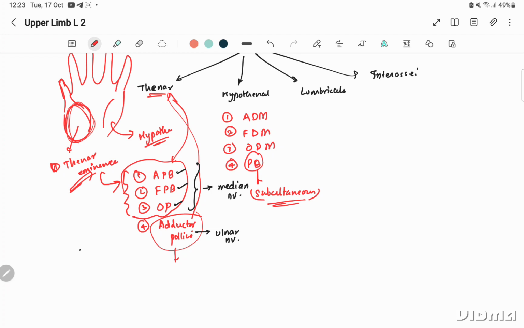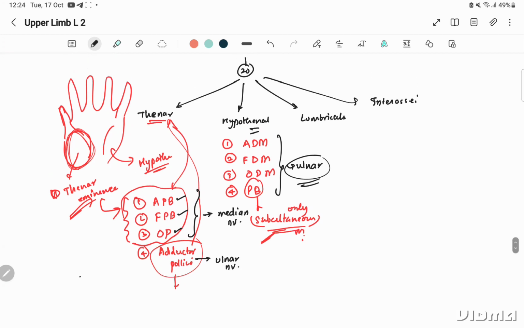If you remove the skin in the dissection hall, you can see some fibers of the palmaris brevis attached to the deep fascia. So palmaris brevis is the only subcutaneous muscle present. All of these, the hypothenar muscles, are supplied by the ulnar nerve.